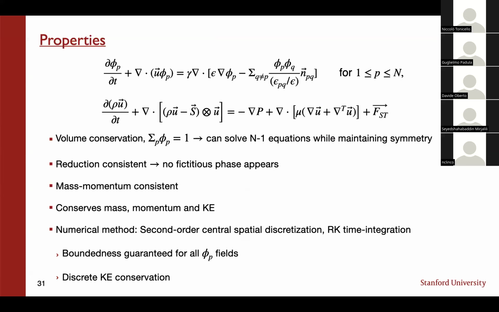For instance, the one I may want to highlight is volume conservation, meaning that if I sum these equations up for the different phases, you get 0 equal to 0. Right, very nicely. And then the reduction consistency means that if from your n phases m are missing, you basically get on the continuous level the n minus m phase equations directly, right?